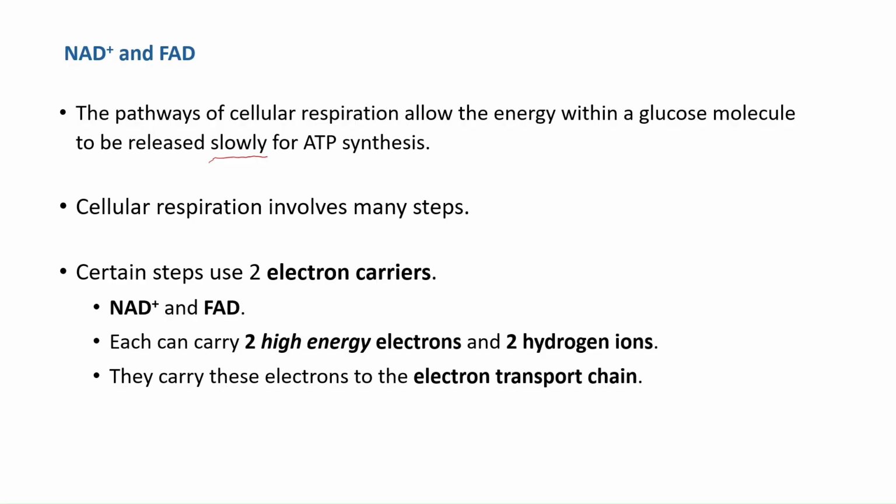Okay, 32 ATPs is a lot of energy. If all 32 were released at the same time, it would burn the cell to a crisp. It would kill the cell. So the idea of cellular respiration is not only to release energy, but to release it slowly where the cell can handle it. Okay, so it involves many steps.